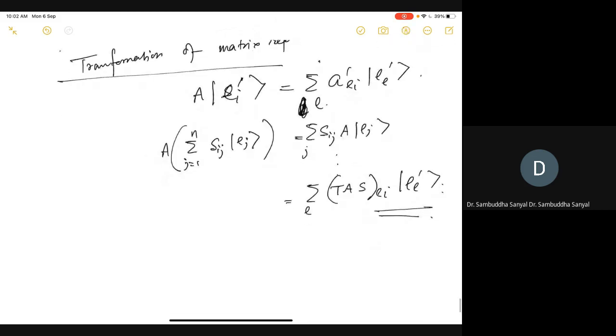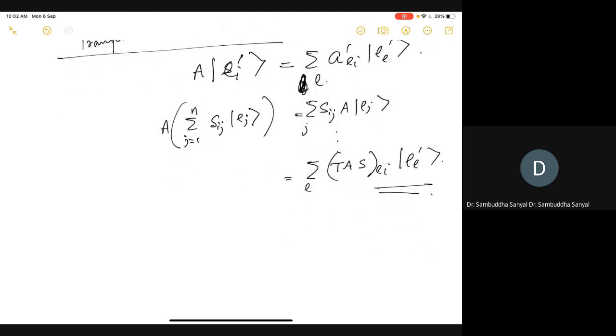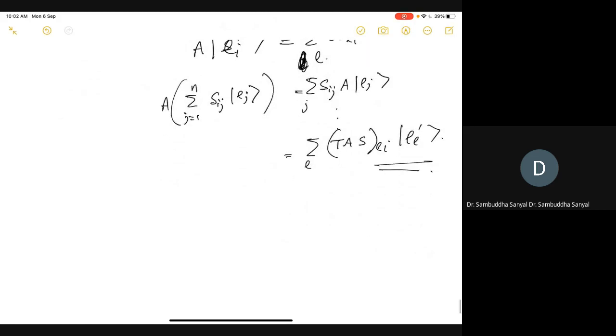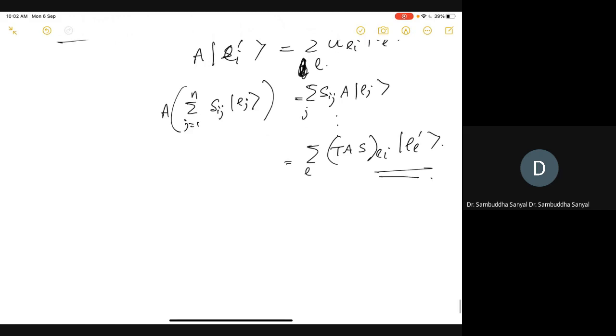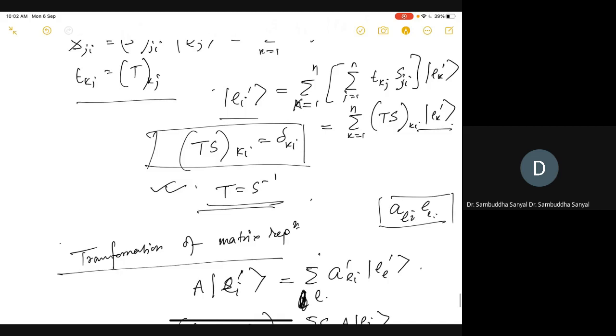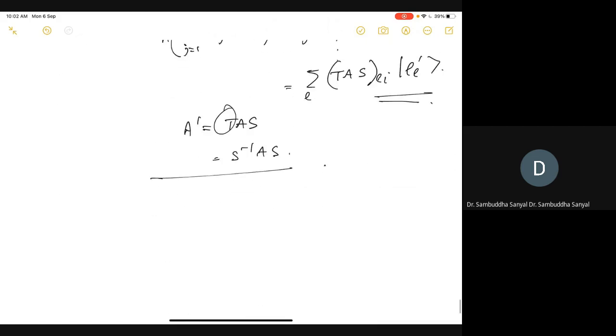So that means the A that acts on the E corresponds to the A that acts on this E prime, which is TAS. And we know that T is S inverse, so it is S inverse AS. We know this from here. So you can go from one basis to another by a transformation of this form, S inverse AS, which we earlier defined as a similarity transformation.